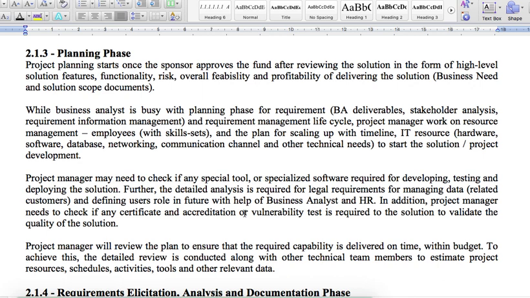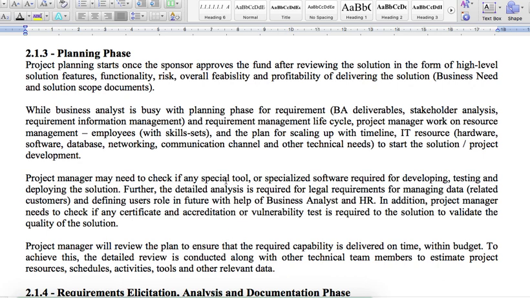So he or she will ensure that all the necessary requirements are in place in order to start the project. And in case the resources are there, they will have a proper plan for ramping up the resources in a proper way.